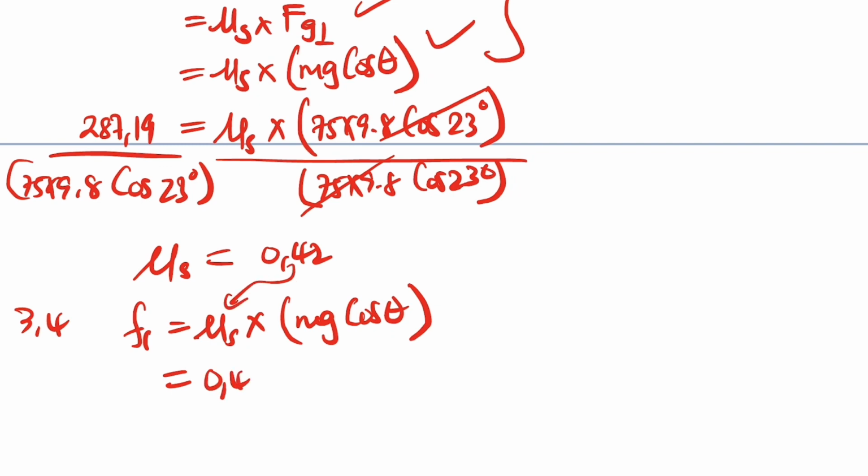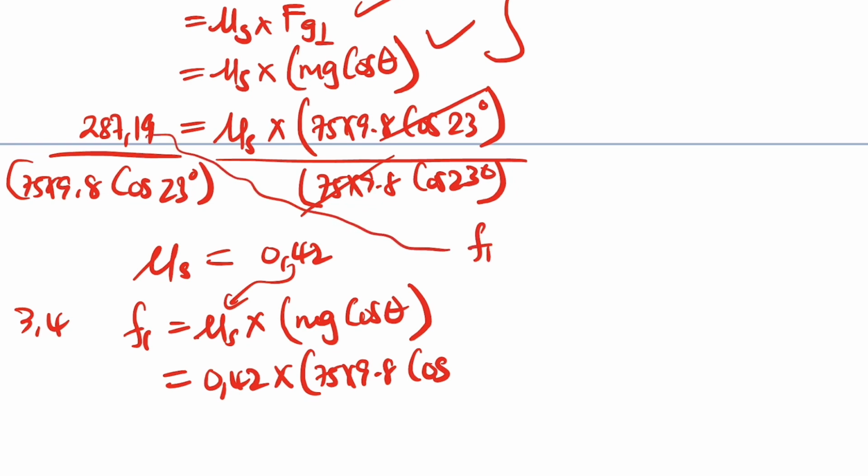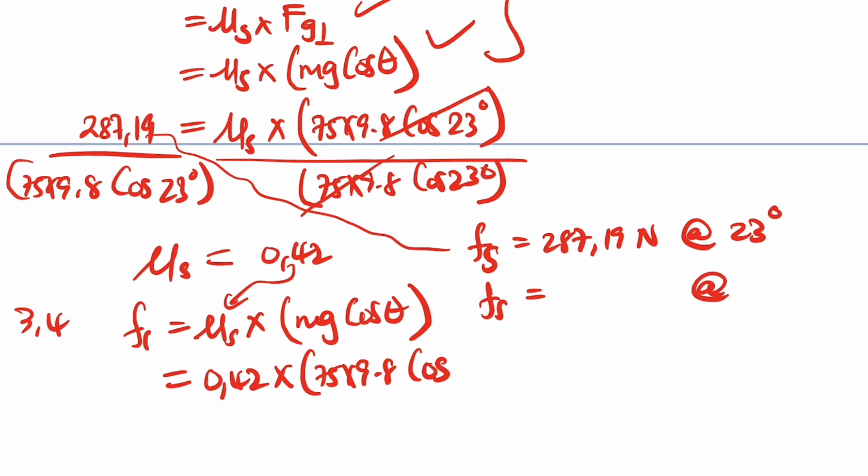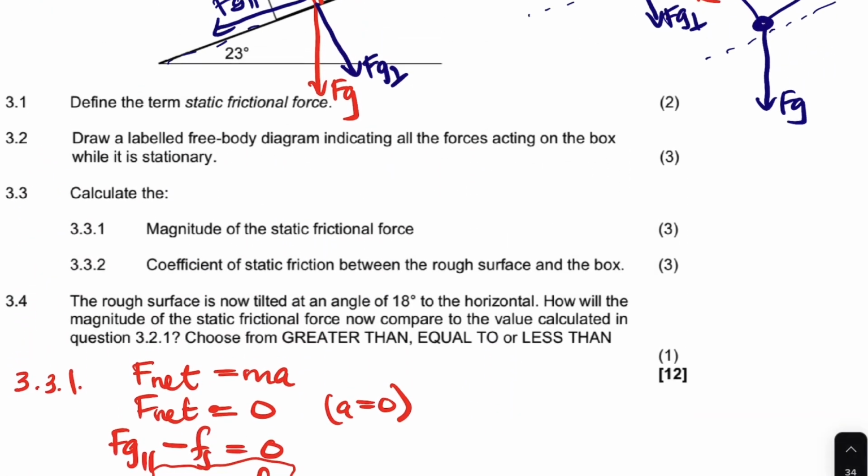So now we'll take this value and we substitute. We'll have 0.42 times the mass, which is 75, times 9.8 cos. Now, the initial frictional force, the Fs, is 287.19 newtons at 23 degrees. Now we wanted the Fs at 18 degrees when we tilt it and decrease the angle.